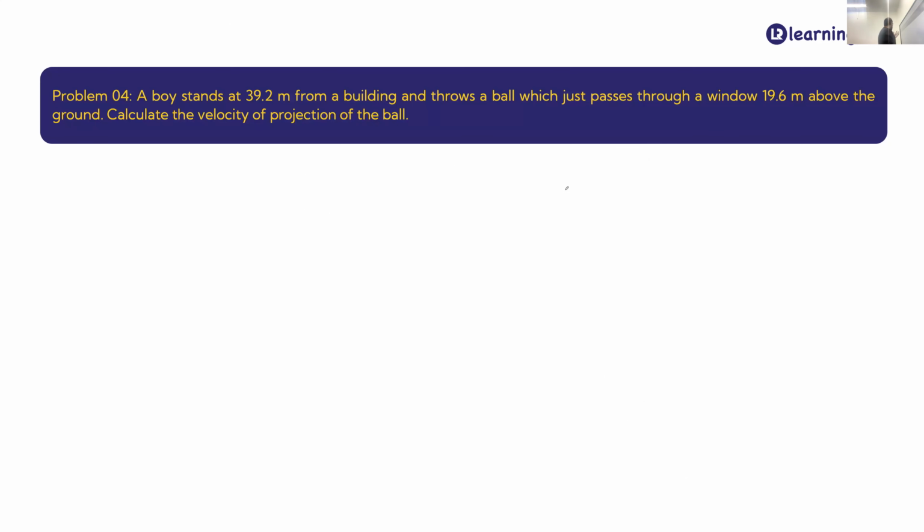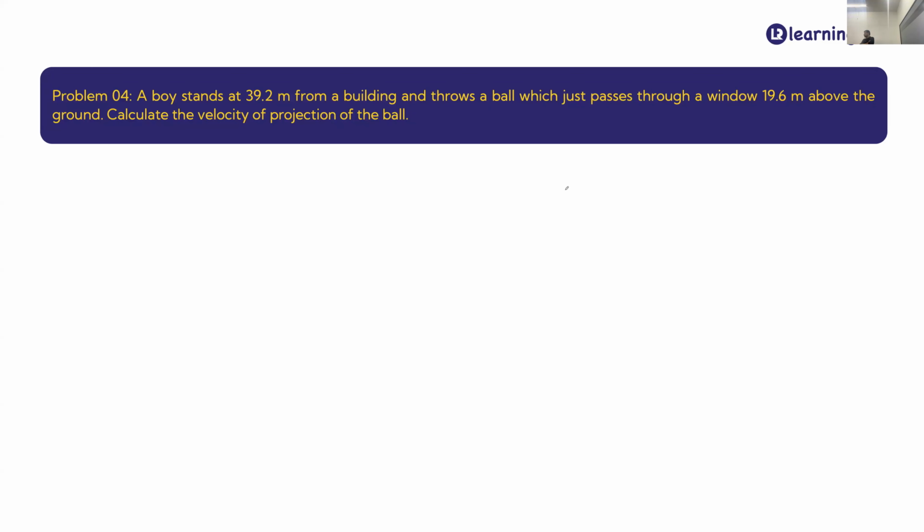Okay, can you try this problem? A boy stands at 39.2 meter from a building and throws a ball which just passes through a window 19.6 meter above the ground.